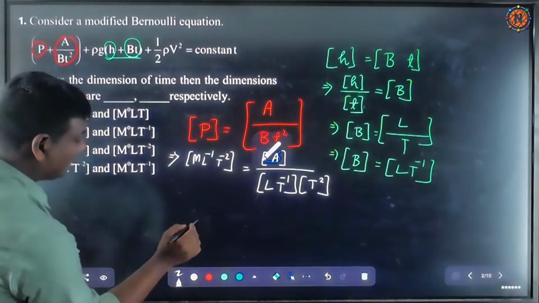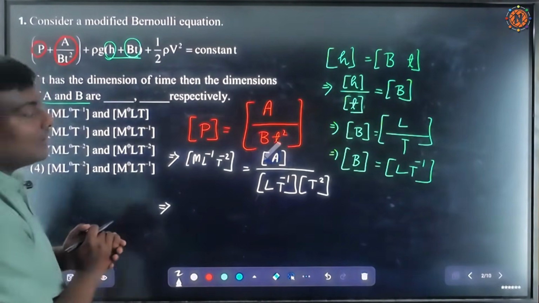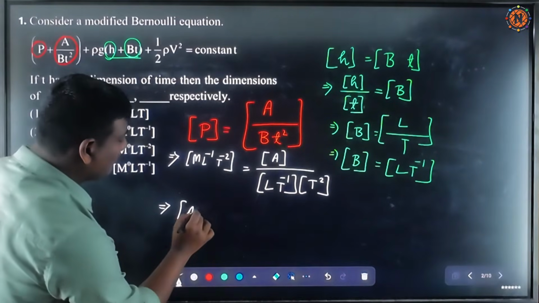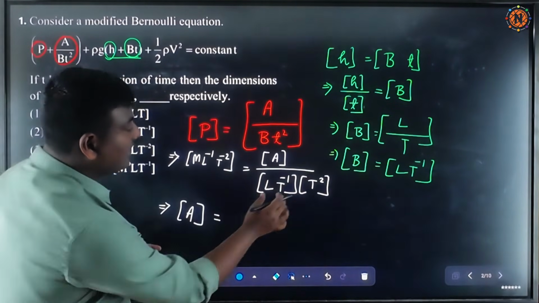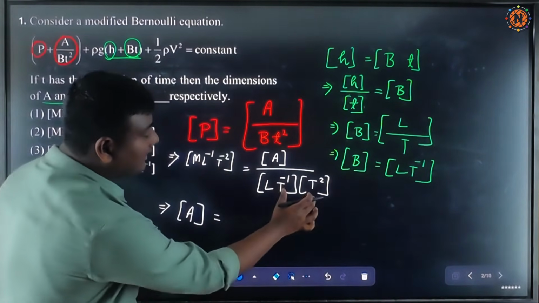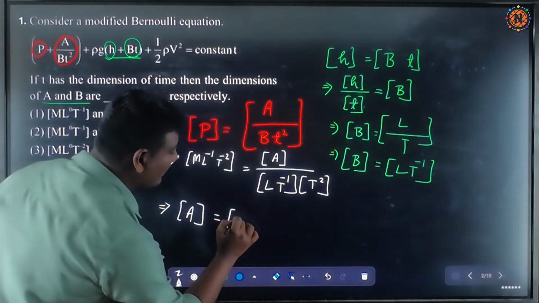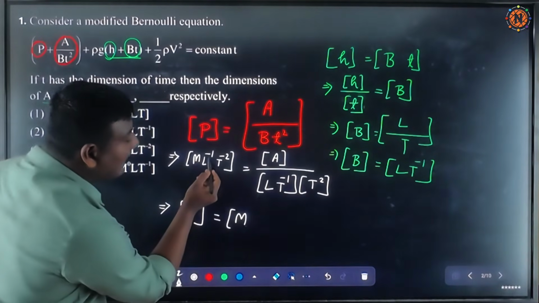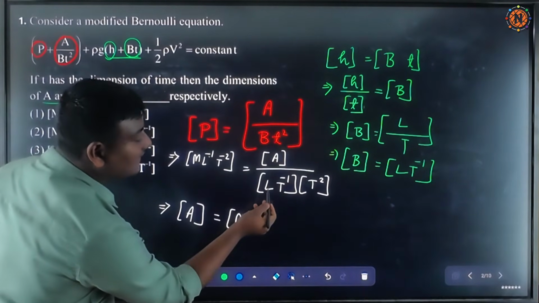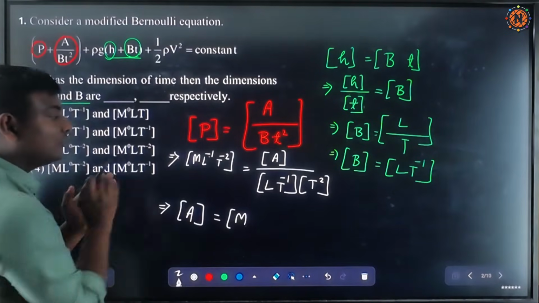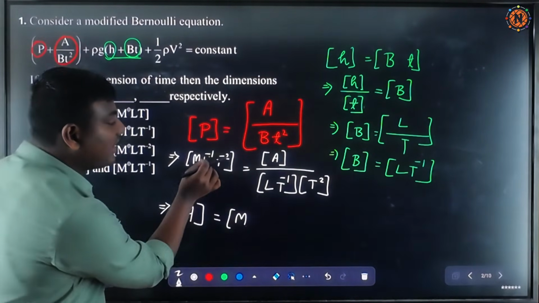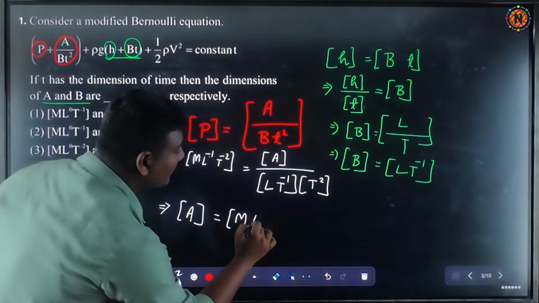Okay, so let's solve. We can write the dimension of A equal to how much? If these things are divided here, they will come to this side and be multiplied with each other. So the dimension of A will be M. See, L to the power minus 1 and here 1 is L. If these two terms are multiplied, then L to the power minus 1 plus 1 will be L to the power 0.